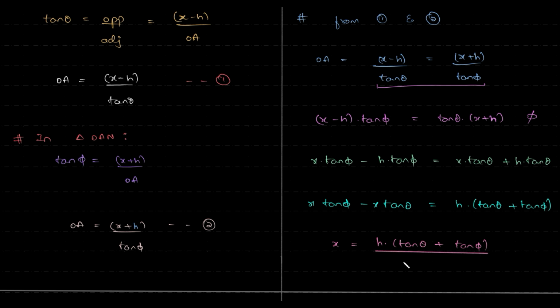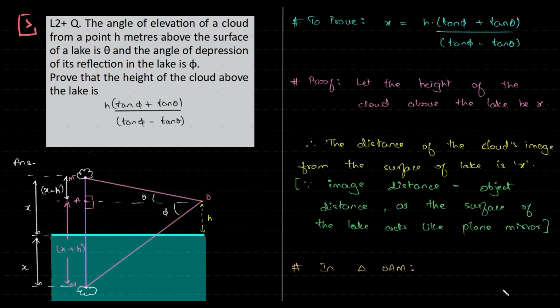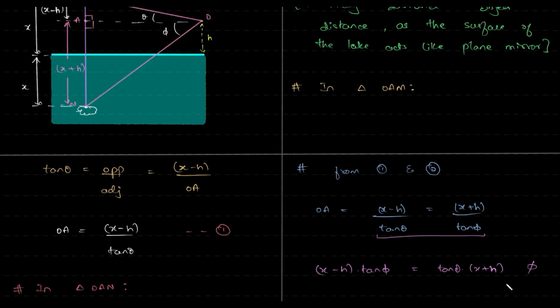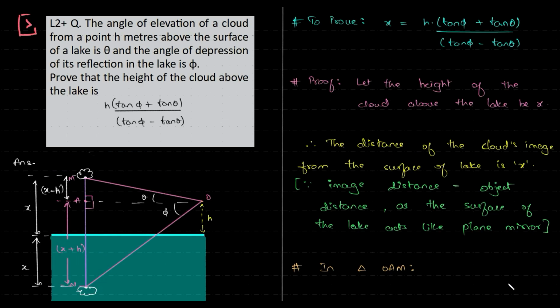Entire thing divided by tan phi minus tan theta, hence proved. That's it. Let me actually check the answer. It's correct. Tan phi minus tan theta. Very simple, is it not? All I did was draw a good diagram, explain myself, and then take two triangles and we are pretty much done.